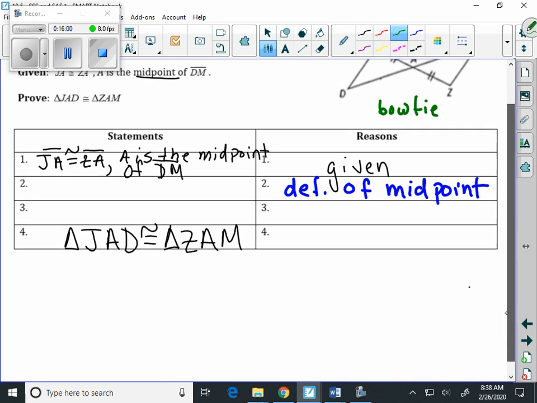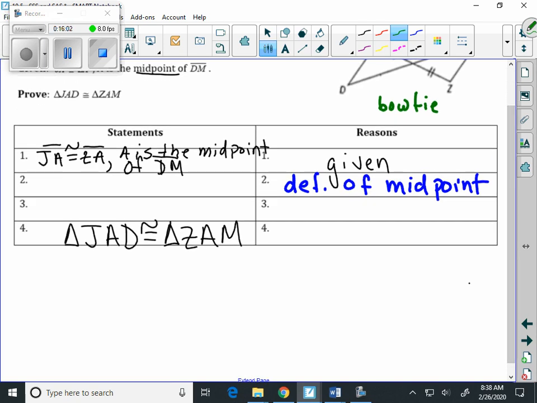And our statement that goes along with vertical angles is that vertical angles are congruent. I'm going to abbreviate. Now we have more than half of the proof filled in, and we absolutely should be able to get 1 point from there.